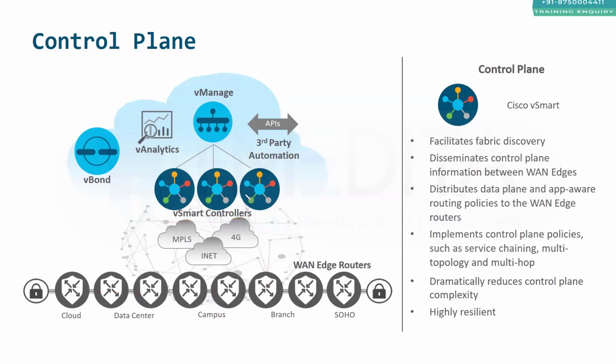Now, since vSmart controllers are a centralized control plane, for example, say you have 500 remote sites or maybe 1000 remote sites, and you needed to switch your preferred WAN link from Tata to Airtel or vice versa, right?